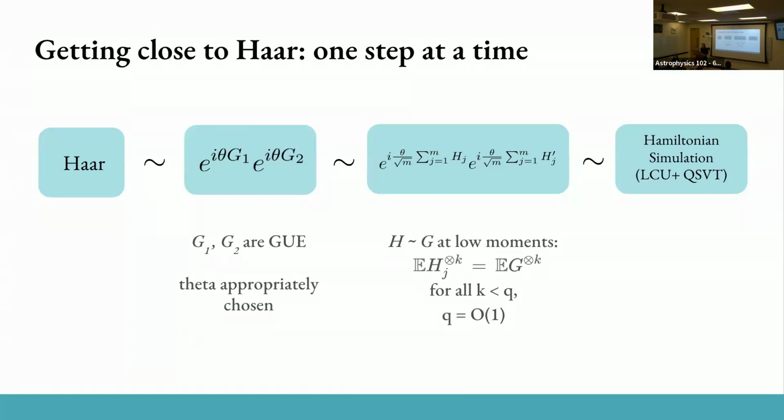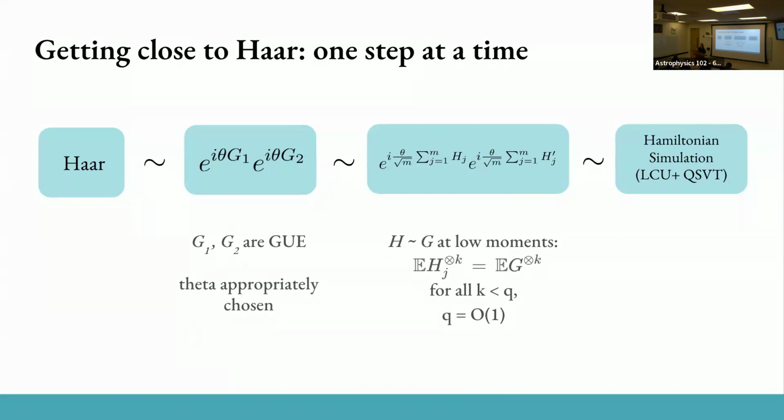Was there one last question? I was just going to ask, if you use local measurement, for example, instead of evolution, is there any win there?